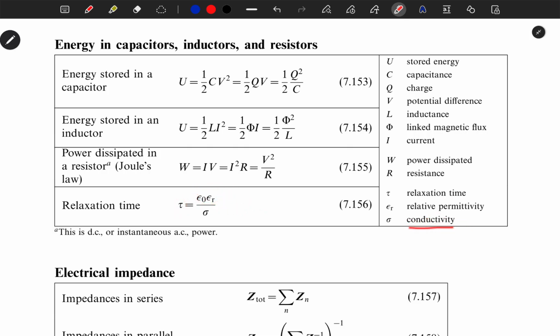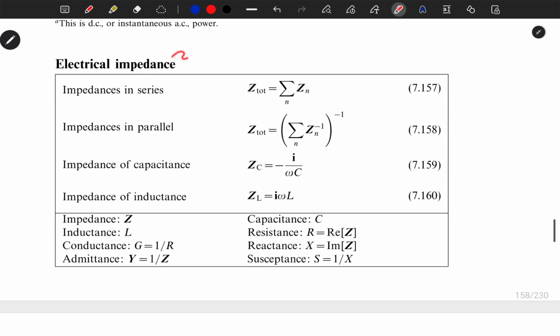Sigma is the conductivity. Electrical impedance: for series we have total resistance equal to the sum of the resistances. In parallel we have the sum of the reciprocals to the power minus 1.